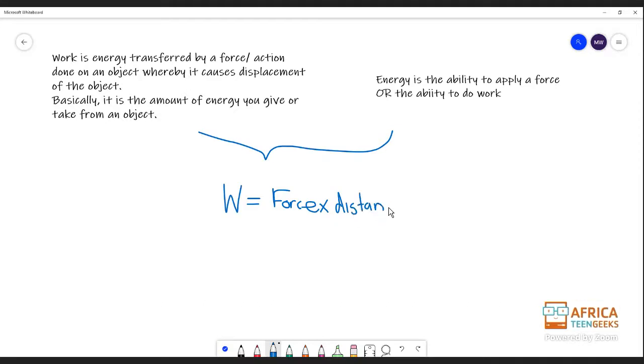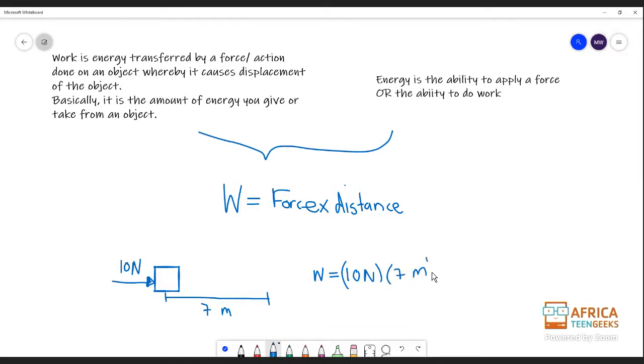What we mean is that if I have a box on a surface, and I push this box with 10 newtons from this point to that point over a 7-meter distance, then work is equal to that 10 newtons times the 7 meters. So it is 70 Newton meters.